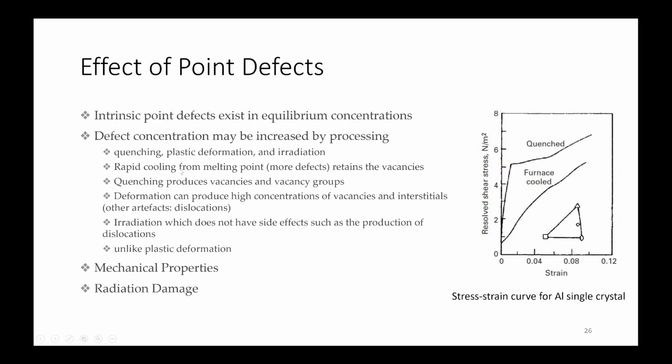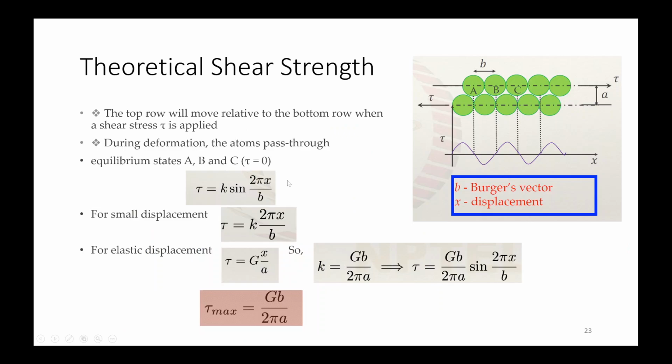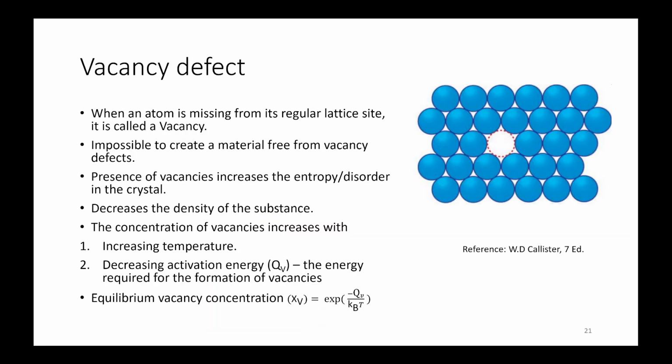Now what happens? As we showed earlier, at higher temperatures more vacancies will be there as we keep on increasing the temperature. Those vacancies will get frozen in the system when we quench it, when we rapidly cool it to room temperature.